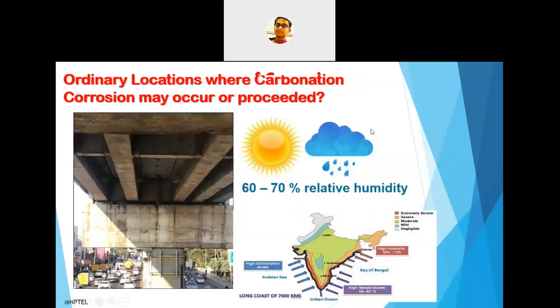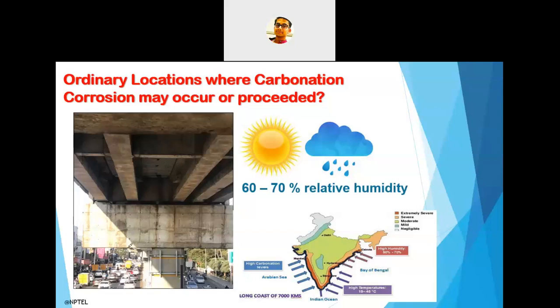So we'll see the carbonation in detail. These are some ordinary or typical locations where we can see carbonation-induced corrosion. In the picture shown on the left side, when there is a relative humidity of 60 to 70%, as I told earlier, due to the presence of moisture and oxygen, you may have corrosion.